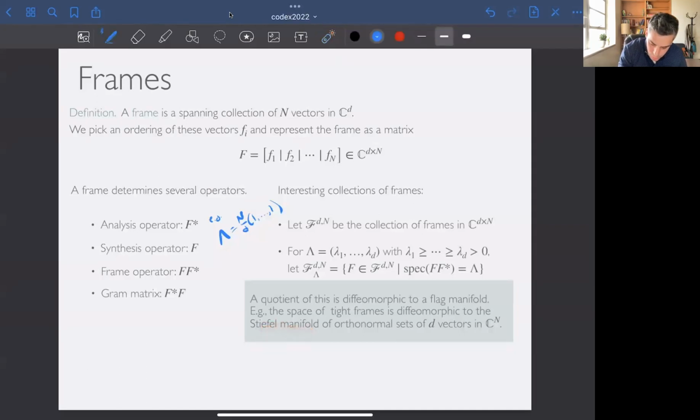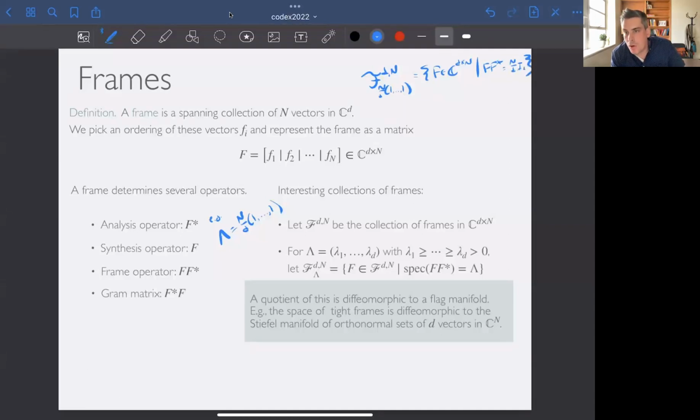So the space of frames where my spectrum is constant is the frames in C^(d by n) such that the frame operator is the identity matrix or a multiple of it.